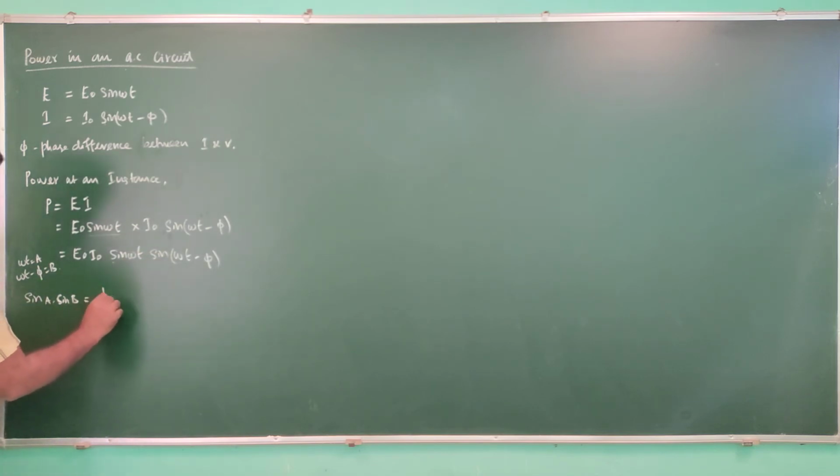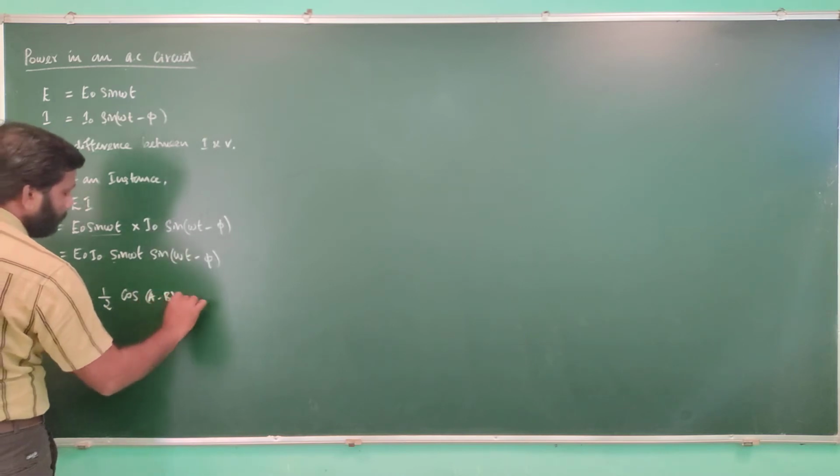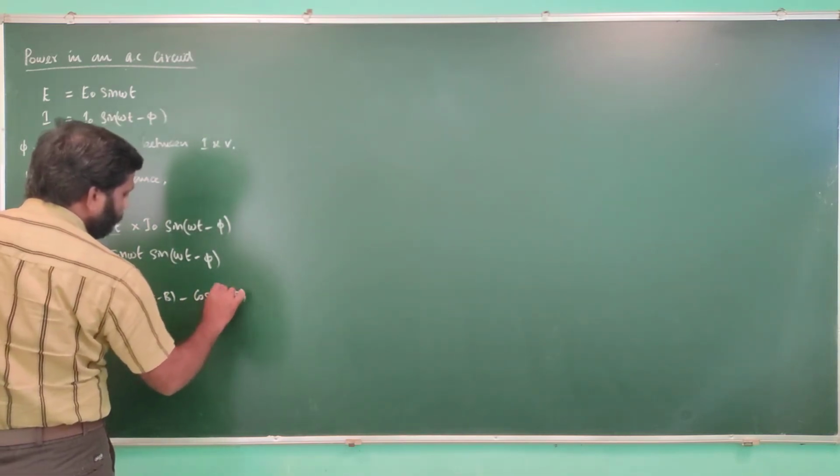For that, from trigonometry we have the formula 1 by 2 [cos of (A minus B) minus cos of (A plus B)].